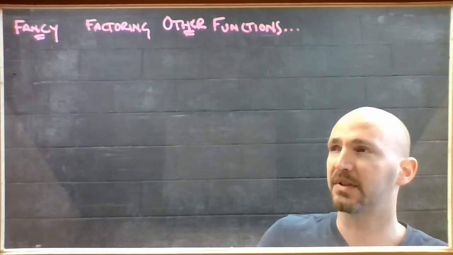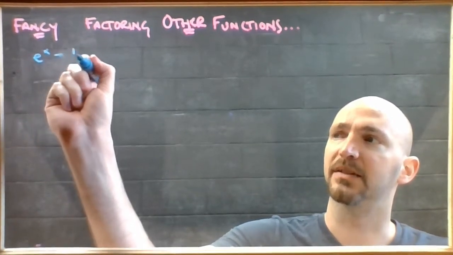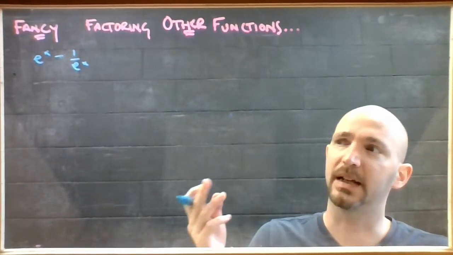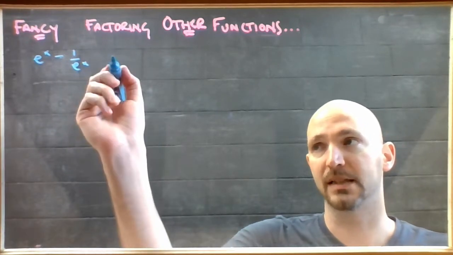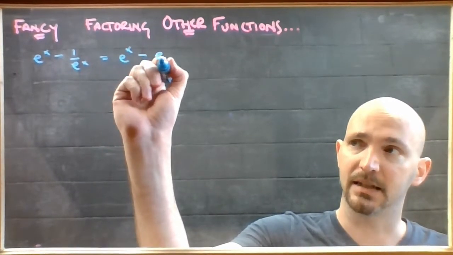So you would start with an example like e to the x minus 1 over e to the x. So that doesn't look like difference of squares, except you can write this e to the x here as e to the negative x.